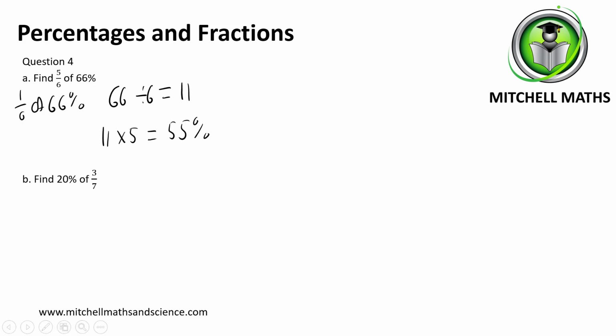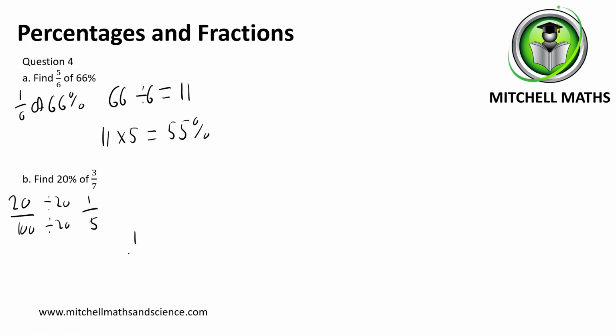And to find a percentage of a fraction, what I'm going to do is first convert the percentage into a fraction itself as well. So I'm going to do 20 over 100. I can divide top and bottom by 20 to simplify it. That'll give me 1/5. And if I want to find a fifth of 3/7, I can do that by multiplying them together.